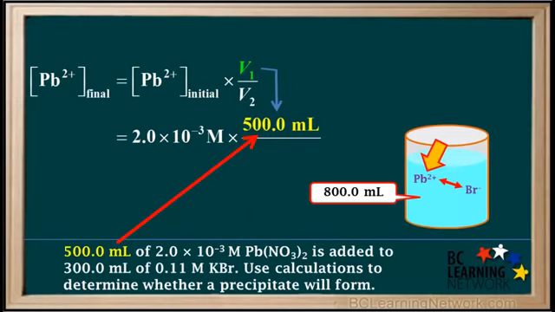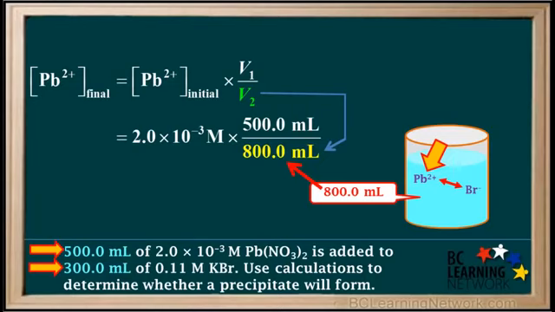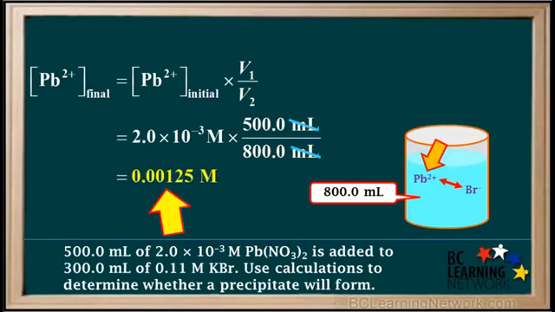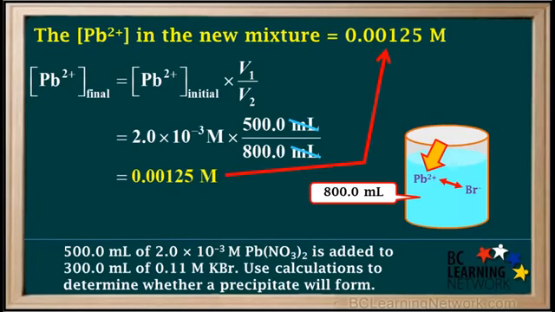The initial volume of the PbNO3 solution was 500 milliliters. And the final, or total volume of the new mixture is 800 milliliters. The milliliters will cancel out. We take 2 times 10 to the negative 3 molar and multiply it by 500 over 800, and the answer is the concentration of Pb2+ in the new mixture is 0.00125 molar. And we'll make a note of that up here.